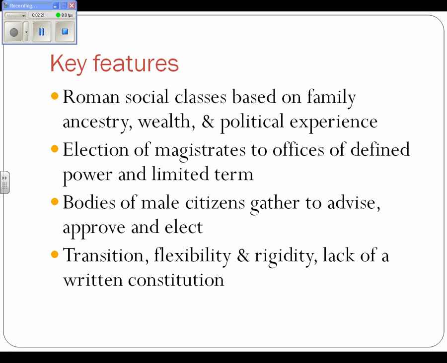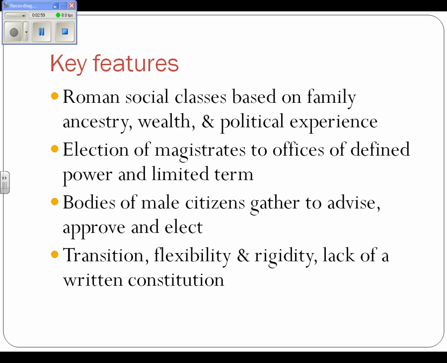In addition, the Romans, as we talked about in our clothing unit, used wealth as a distinguishing factor in assigning people to voting groups, as well as to groups with certain social prestige. And also, the political experience that one's family had, one's direct ancestors had, or that one had in one's earlier life, could create mobility between social classes.